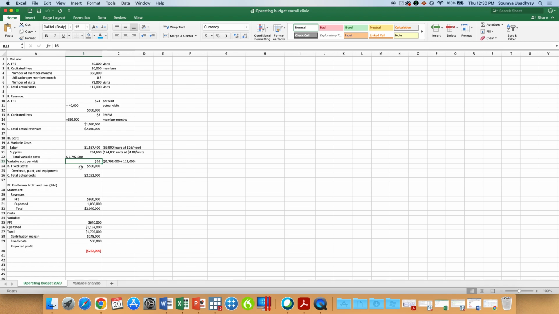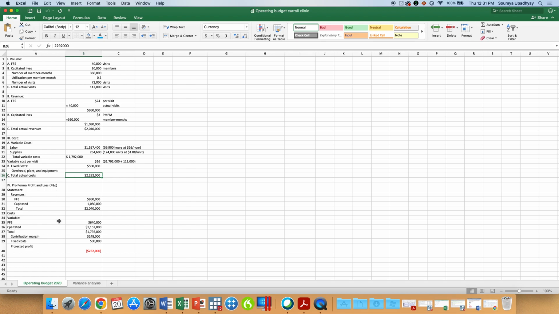Now the fixed cost is another line, which is B, and that's $500,000, which includes the overhead, plant, and equipment, so fixed cost will not change by volume. So the total actual cost is a summation of the variable cost and the fixed cost, and that gives us $2.29 million.